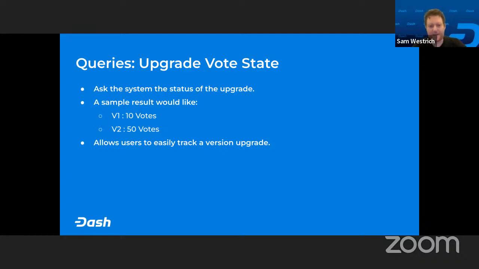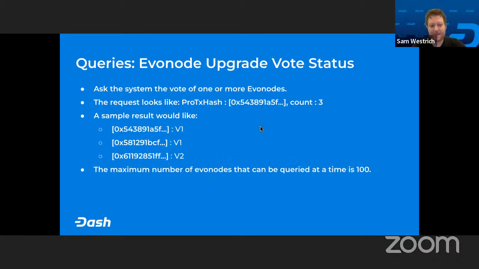The next query is very similar, but it is the Evo node upgrade vote status. This is more if you want to know what any specific node voted for in the system. You can say give me this ProTX hash, start from here and give me 100. Or you can just leave the ProTX hash empty and ask for 100, and we'll start from the first one in the list.